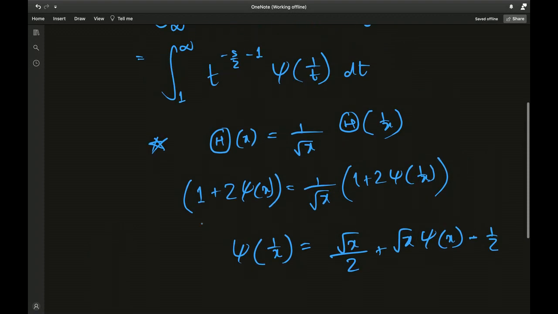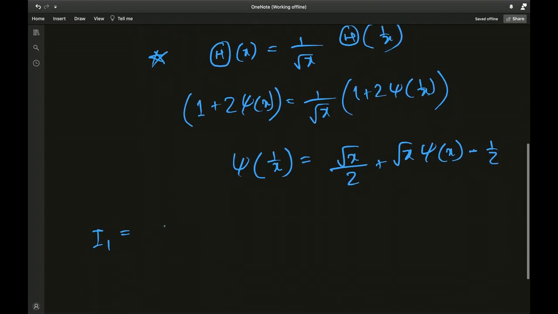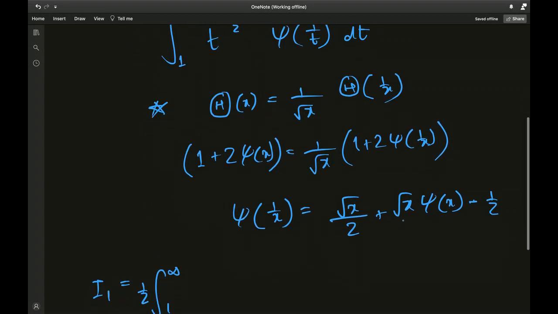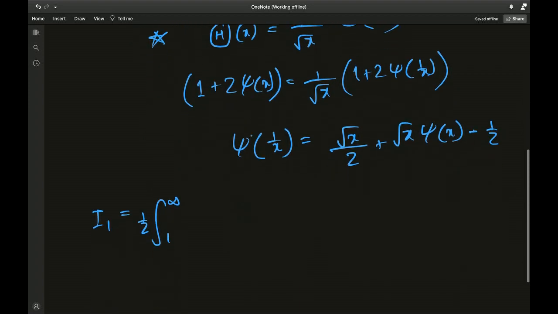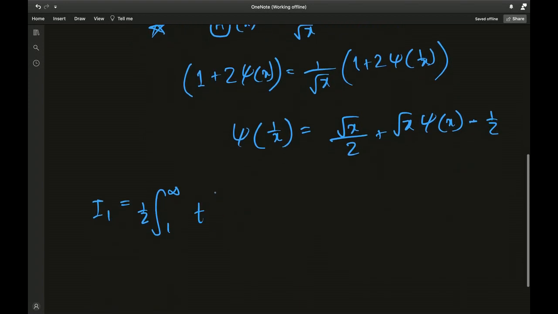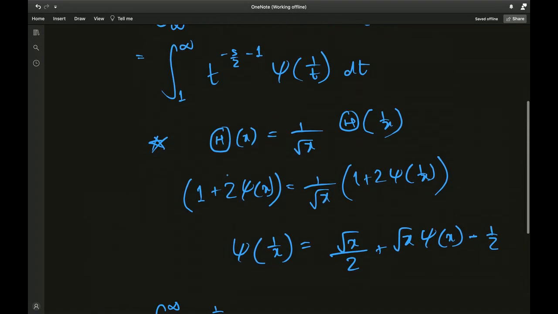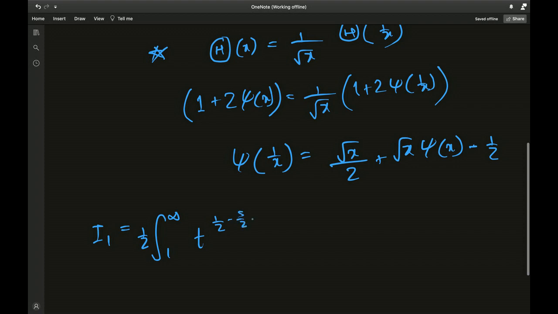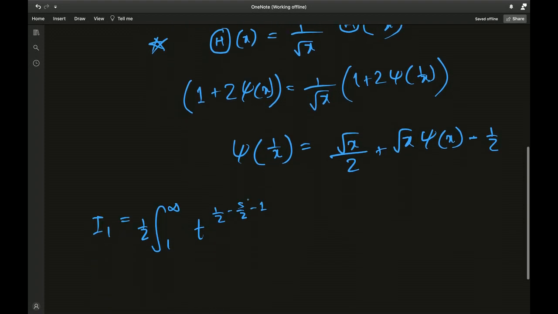So I1 now becomes, I can split this into three integrals. Integral from 1 to infinity, take the half outside. Instead of x we have a t. Square root of t is t to the half. Multiplied with this, it's basically adding powers, so minus s over 2 minus 1.